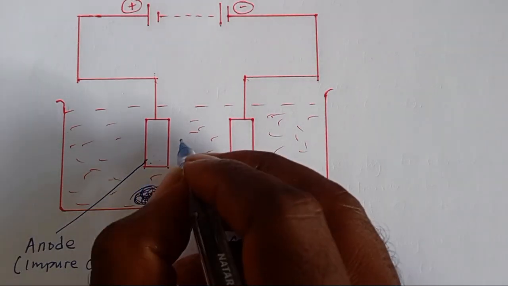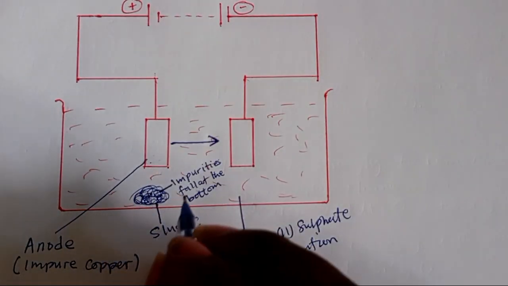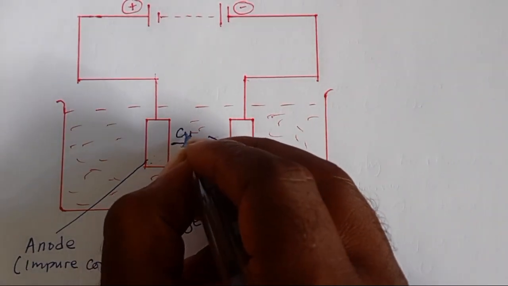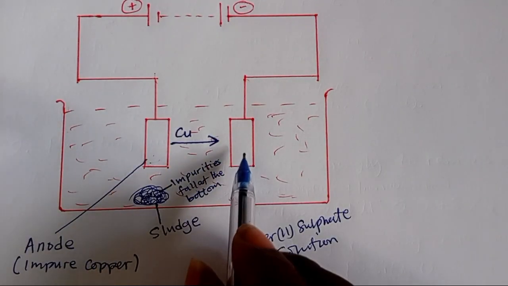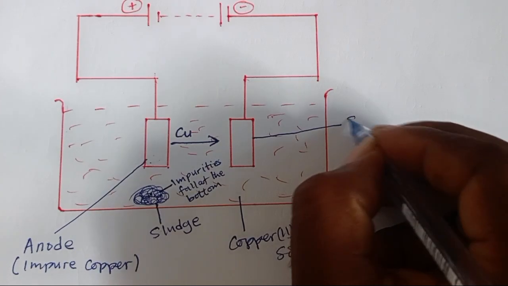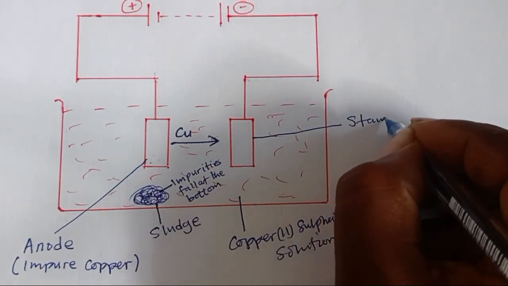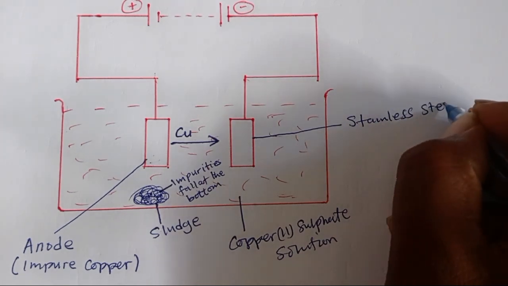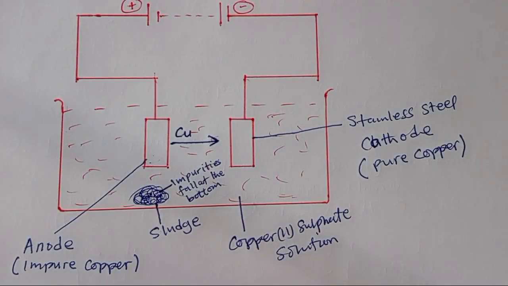So remember that the anode is dissolved, forming the copper ions. The copper ions will begin to move from the anode going to the stainless steel cathode, which is attracting the pure copper.